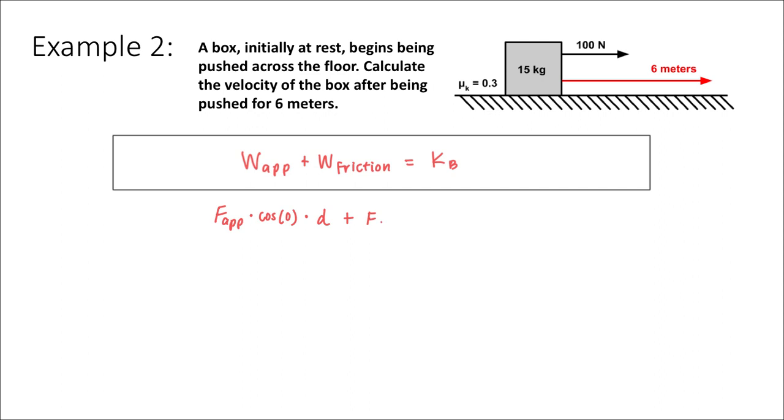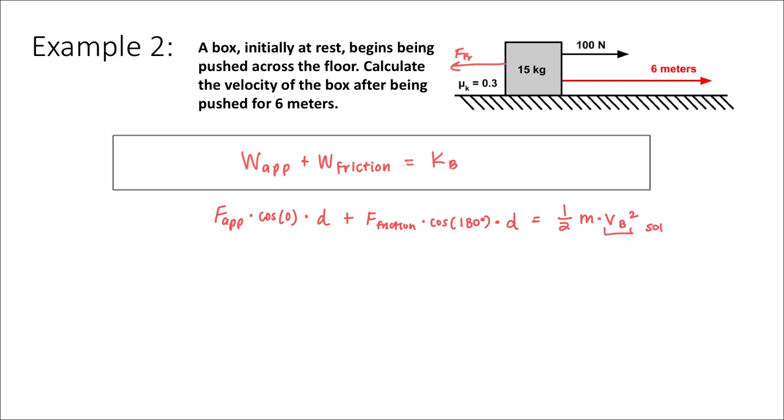That'll be the force of friction multiplied by cosine of 180 degrees, because friction will be pointing opposite. That cosine of 180 will make that negative, multiplied by that same d. That'll be equal to 1/2 the mass of the box times its final velocity squared. And that's what we're solving for.